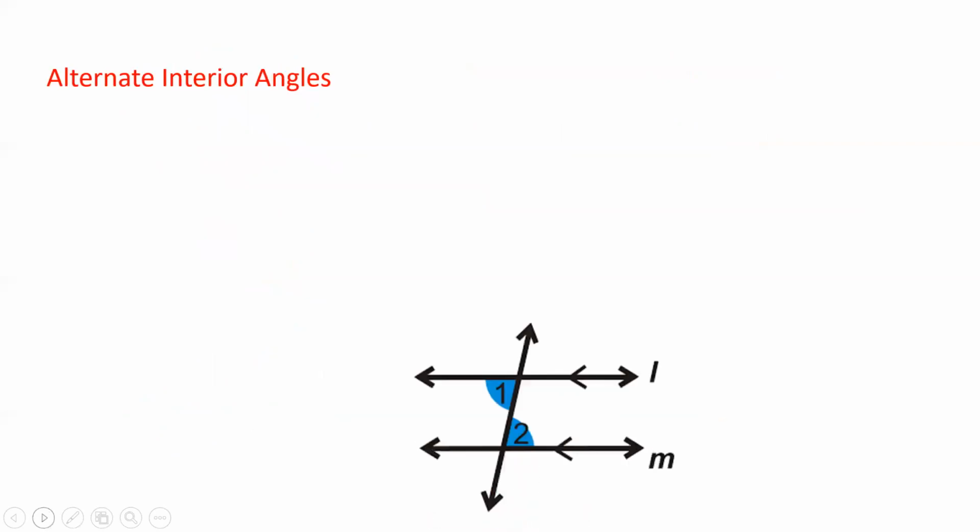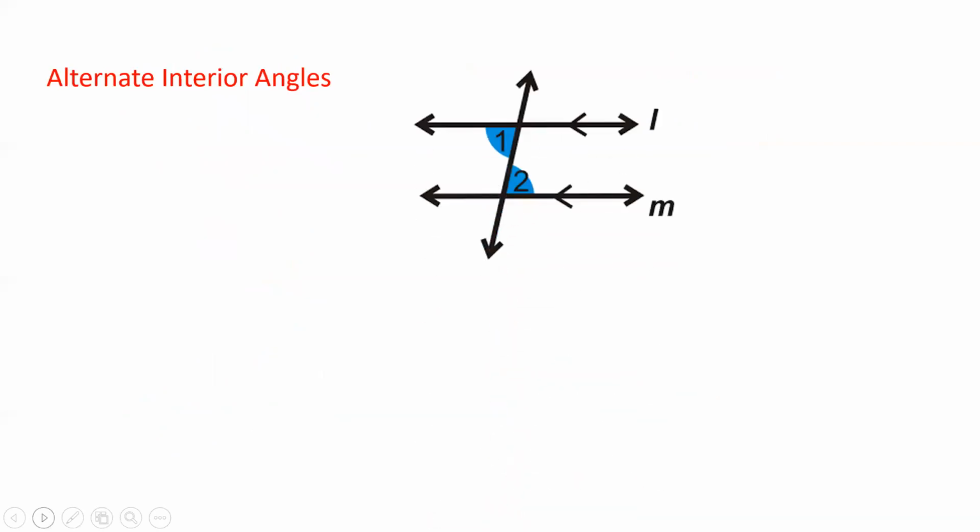All right, so once again, alternate interior angles are on opposite sides of the transversal, but inside the parallel lines. And what else is true about alternate interior angles? They are always congruent.